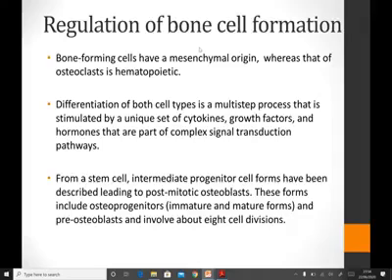So from a basic stem cell, the intermediate progenitor cells form, leading to many post-mitotic osteoblasts, and these forms include the osteoprogenitors, which are both mature and immature forms. The osteoprogenitors give rise to the pre-osteoblasts, and then the pre-osteoblasts differentiate into the osteoblast proper through about 8 cell divisions.